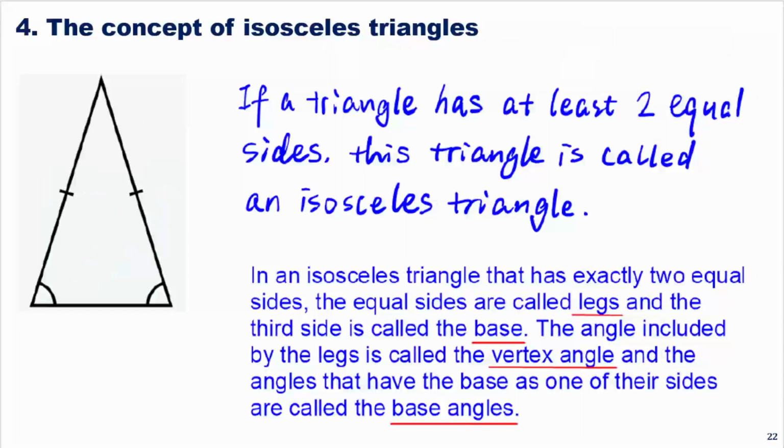Alright, then next let's have a look at the concept of isosceles triangles. If a triangle has at least two equal sides, then this triangle is called an isosceles triangle. In an isosceles triangle that has exactly two equal sides, the equal sides are called legs, and the third side is called base.